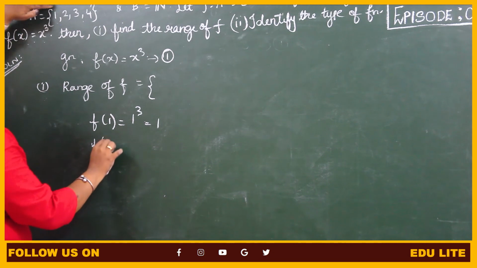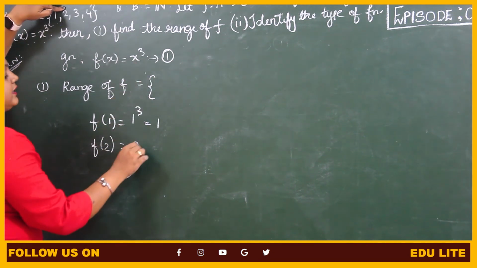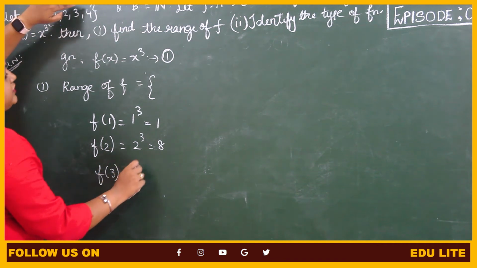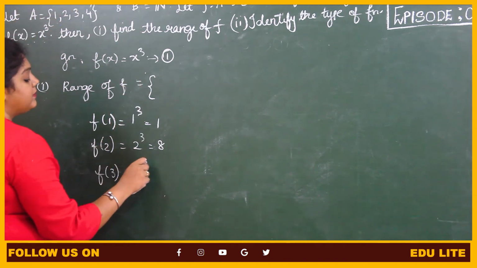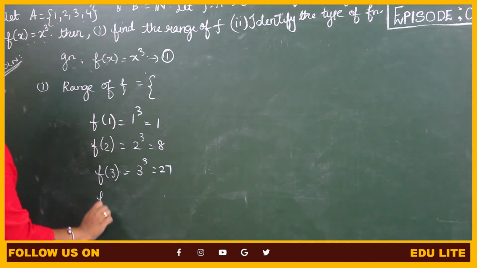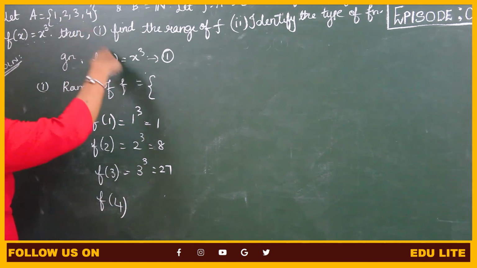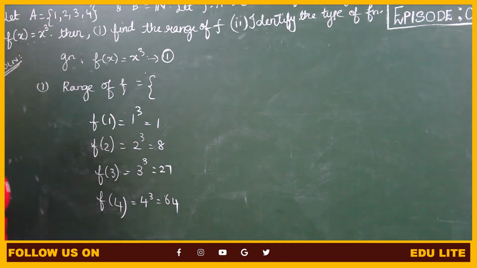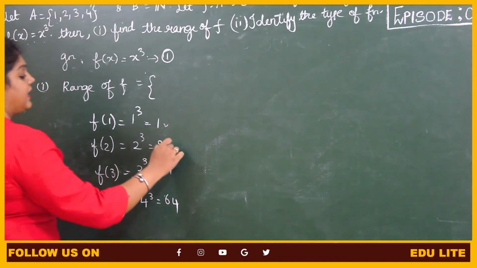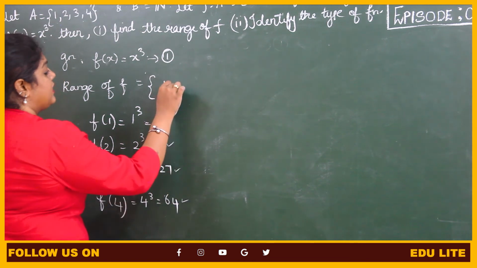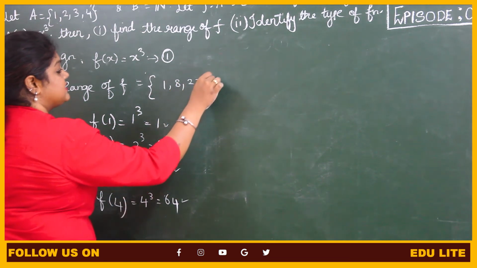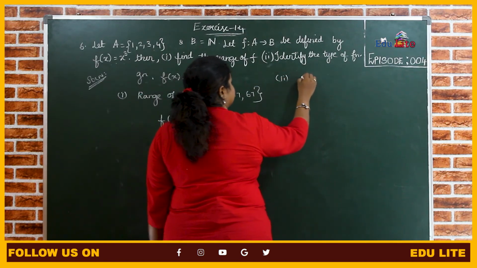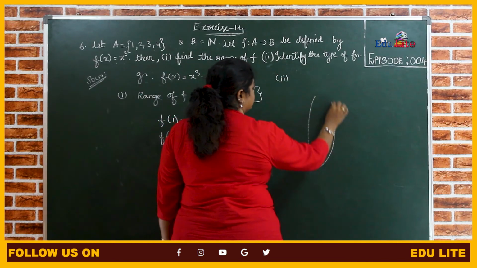Next f of 2, substituting here, it will become 2 cube, 8. Next f of 3, 3 cube is 27. Next f of 4, value of x as 4, 4 cube is 64. 4 fours are 16, 16 into 4 is 64. So this is our range: 1, 8, 27, 64.